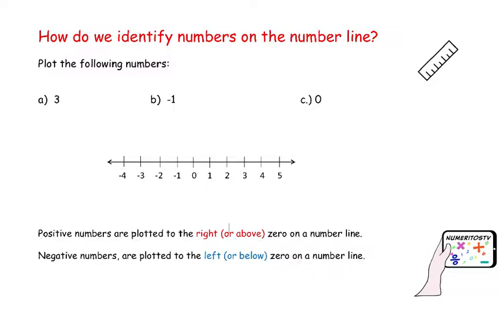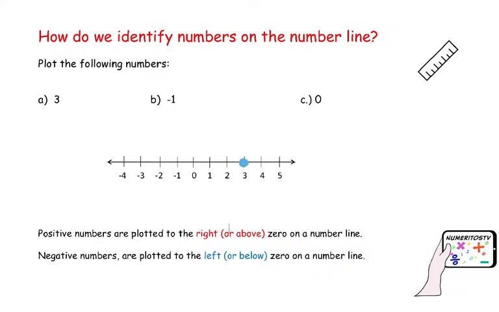If I want to plot the following numbers on the following number line, I am going to draw a dot on those numbers. So for example, 3 is to the right of 0.